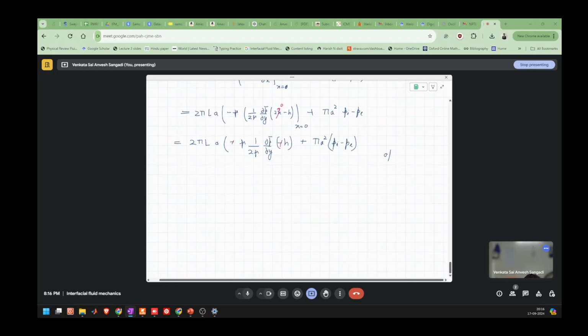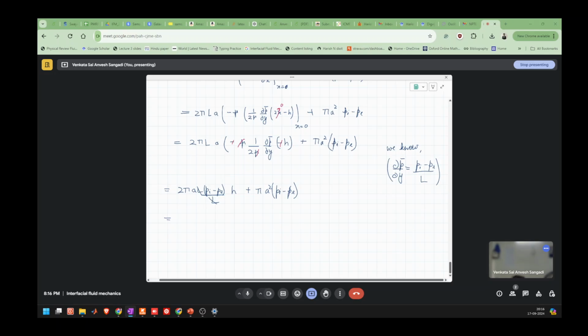We know del p bar by del y can be written as Pi minus PE by L. Substituting, we get 2 pi a, mu gets cancelled, 2 pi a Pi minus PE L by L times h, so L gets cancelled, plus pi a square Pi minus PE.